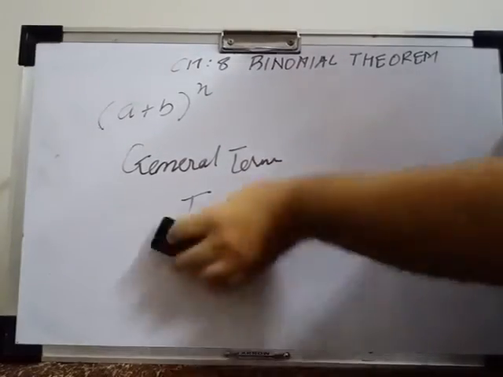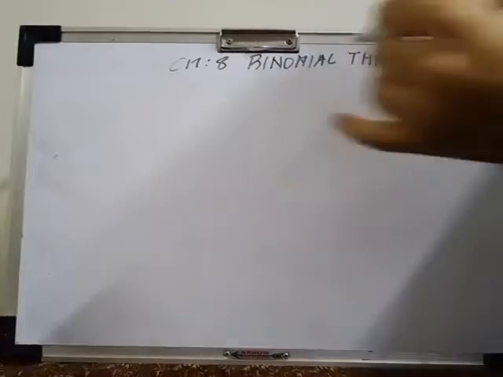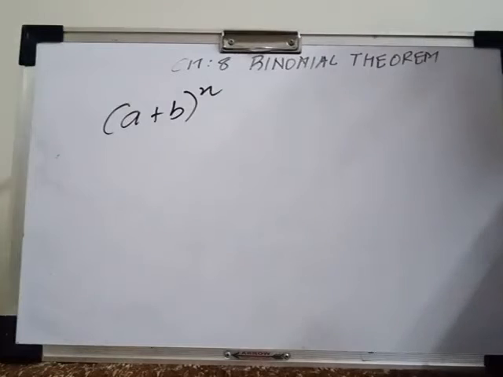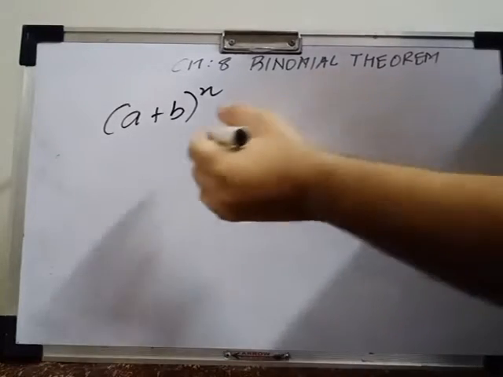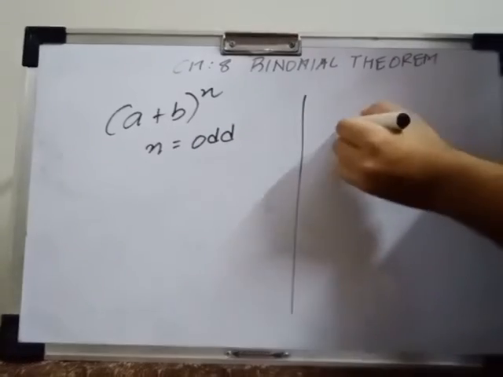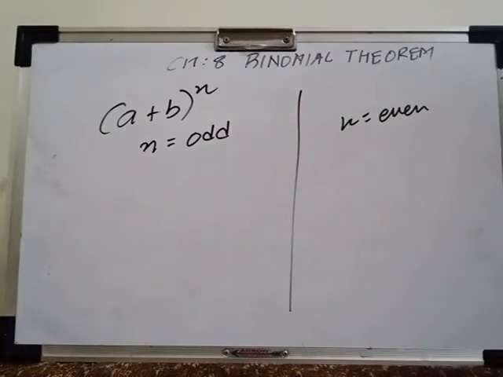Suppose the given expansion is a plus b raised to n, then we'll see whether n is odd or n is even, because our formula depends on n, right?